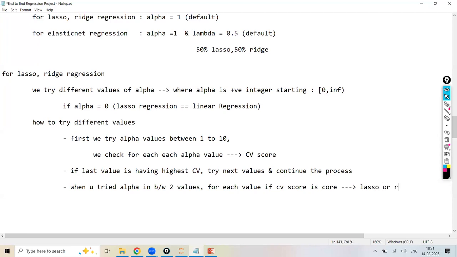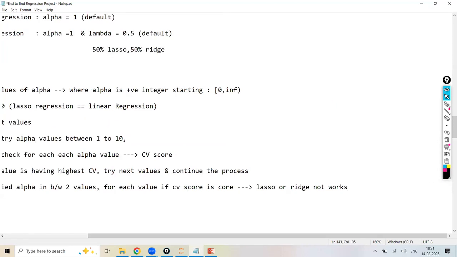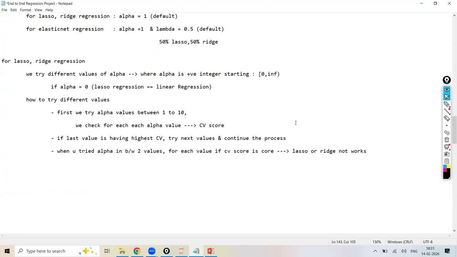Lasso or ridge does not work. They are not going to work. Point is clear? Clearly make a note of understanding this one.